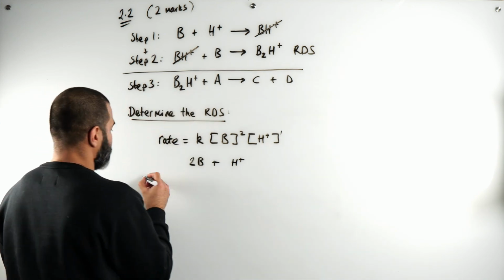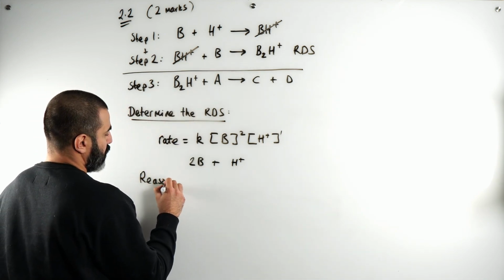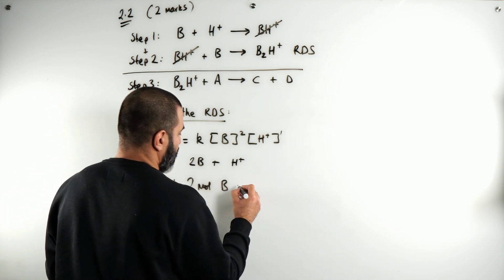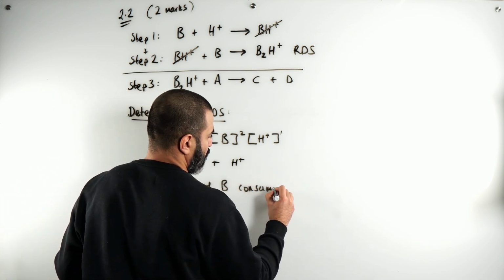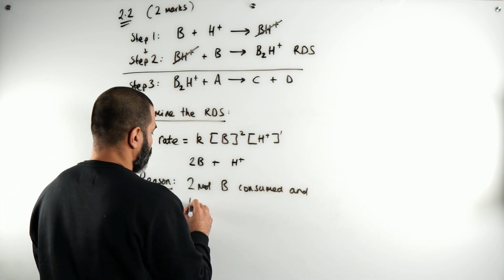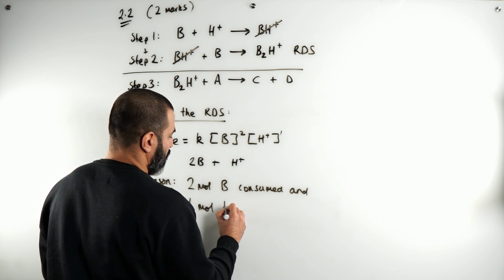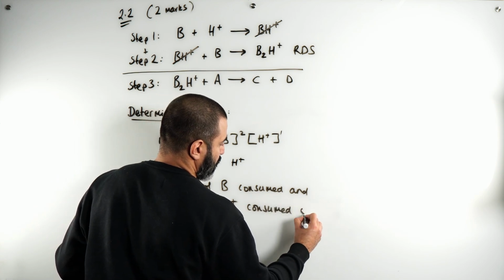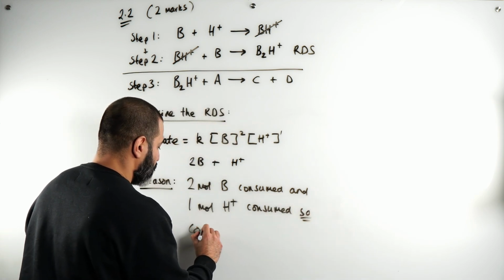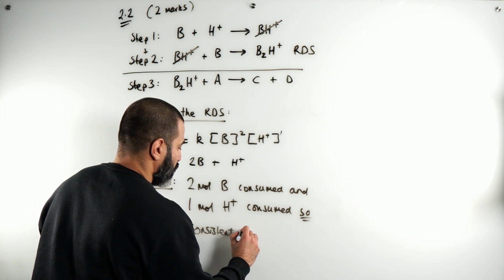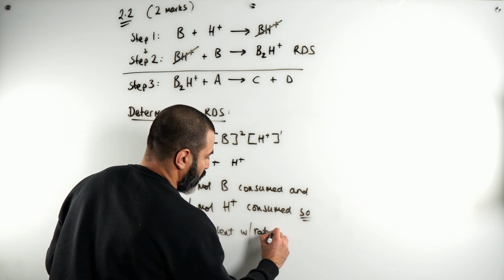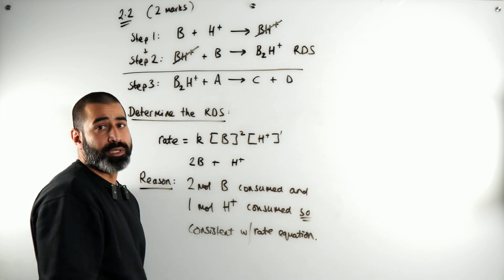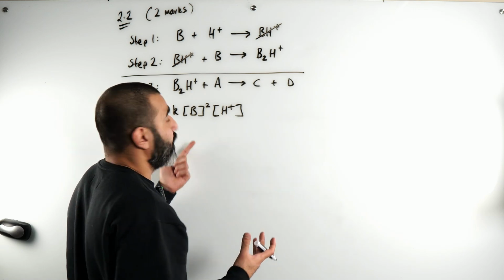The reason is 2 moles of B consumed and 1 mole of H plus ions consumed, so consistent with the rate equation.